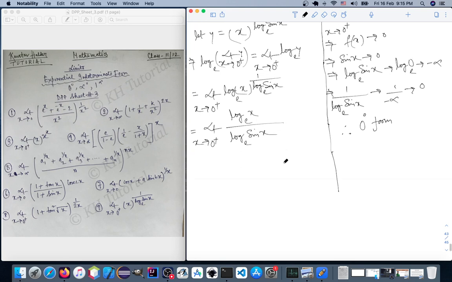This is of the form: log e x when x tends to 0 tends to minus infinity, and similarly log e sin x also tends to minus infinity when x tends to 0. So here we have infinity by infinity form, and we can apply L'Hopital rule.